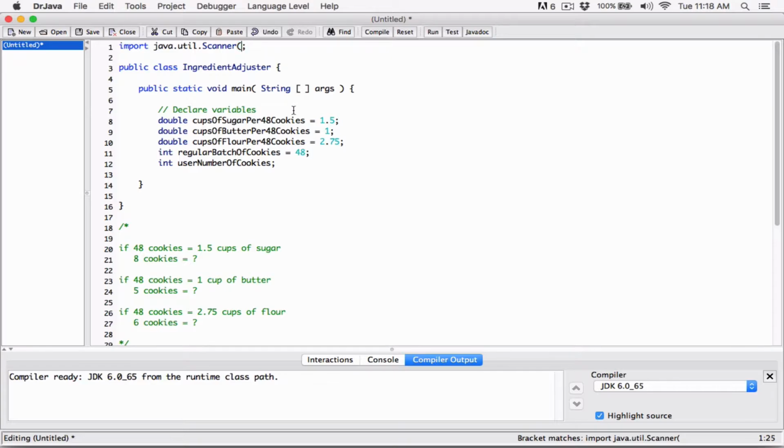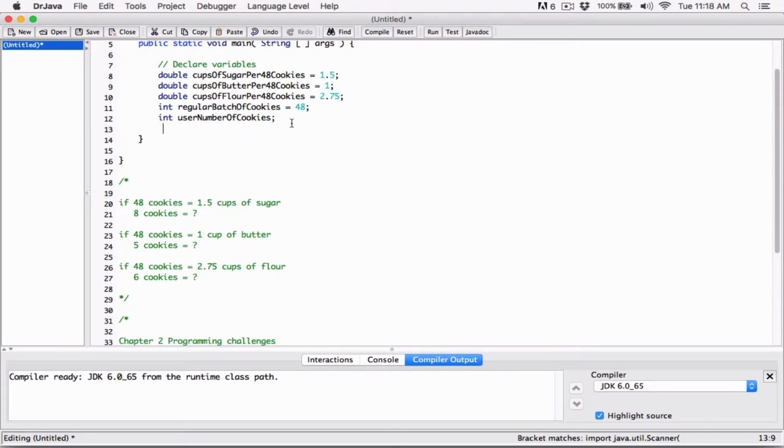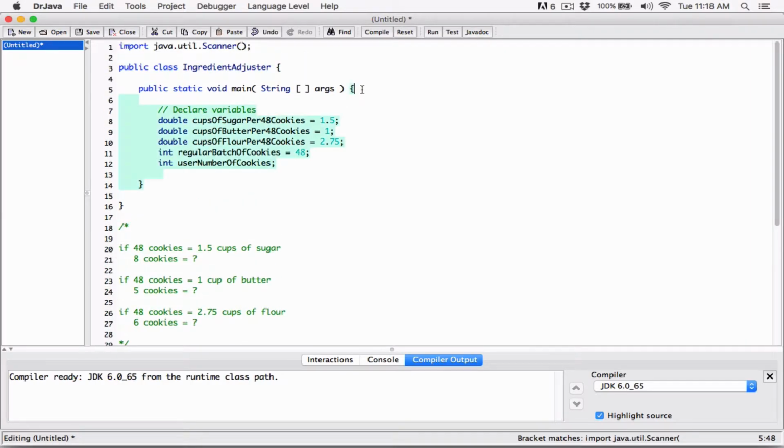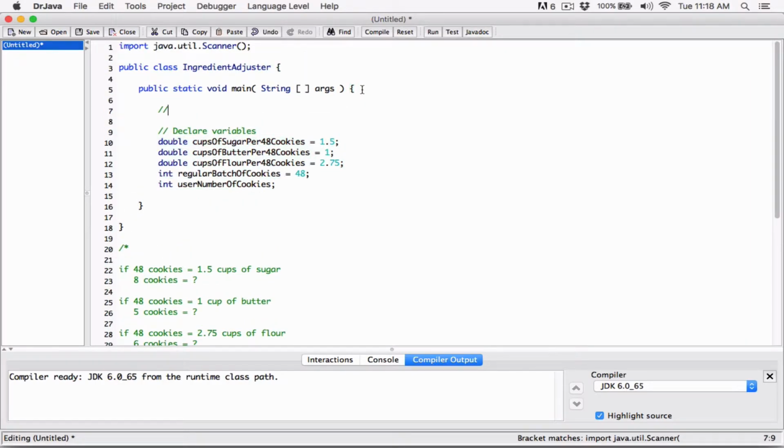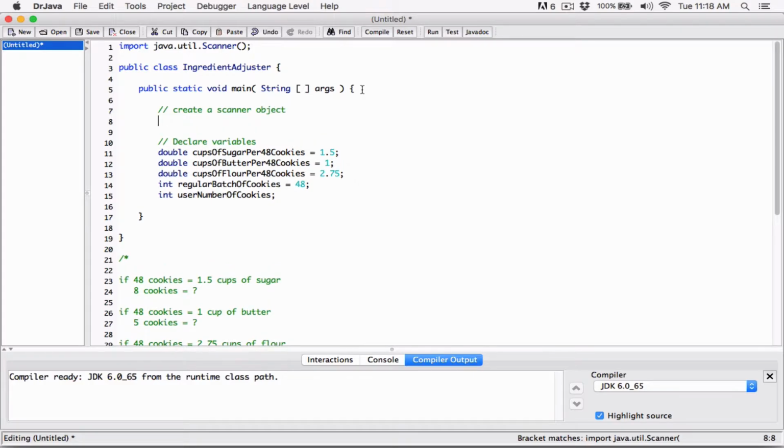I'll just leave it there. If it gives us an error, we'll fix it. Since we have access to the scanner class, now we can go ahead and create a scanner object. I'll call it scanner.